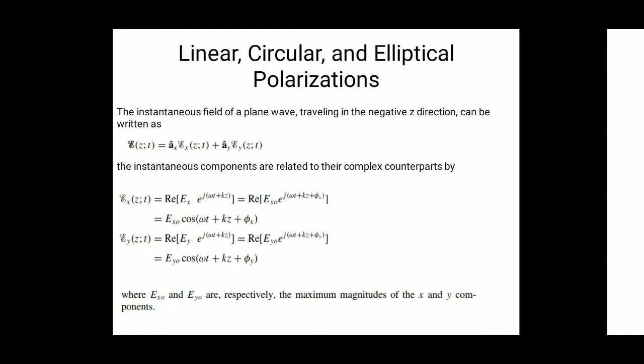So now we consider E_x0 e^{j(wt + kz + phi_x)}. Phi_x means the phase constant in the direction of x of the electric field.